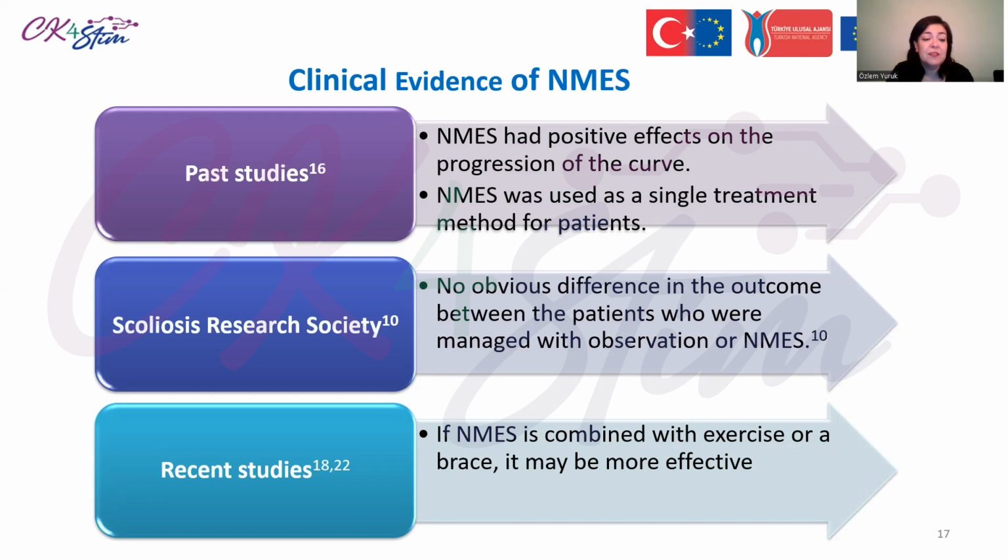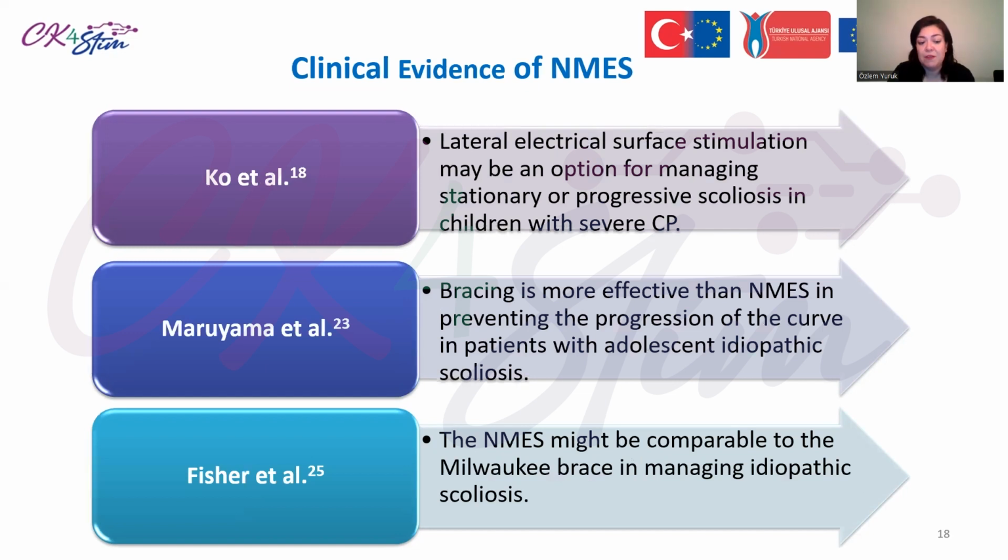And recent studies found that if electrical stimulation is combined with exercise or a brace, it may be more effective. Scoliosis is a complicated problem for children with cerebral palsy.